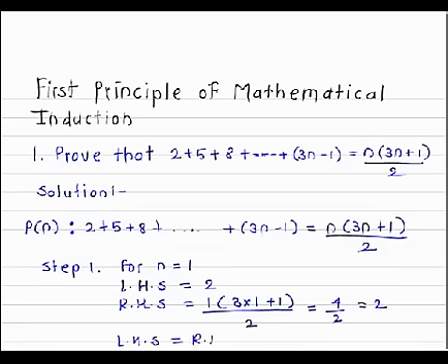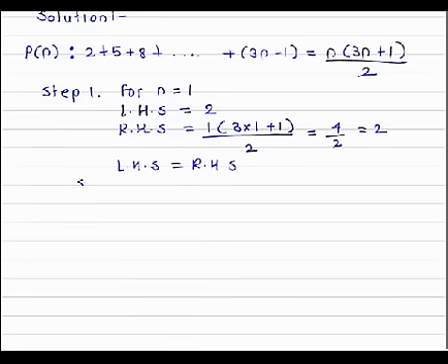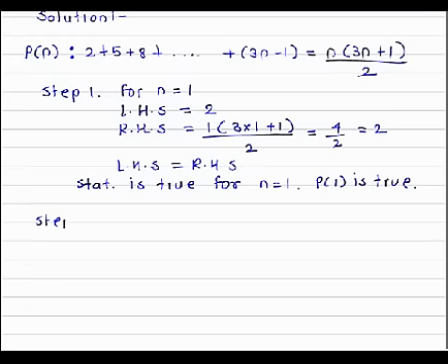So LHS is equal to RHS for n is equal to 1, that is the statement is true for n is equal to 1, that is P(1) is true. This is our first step.